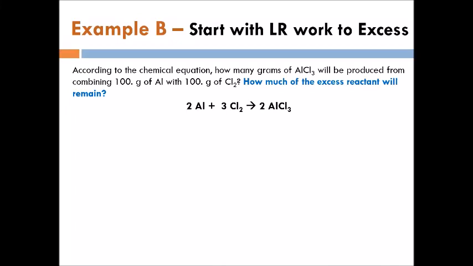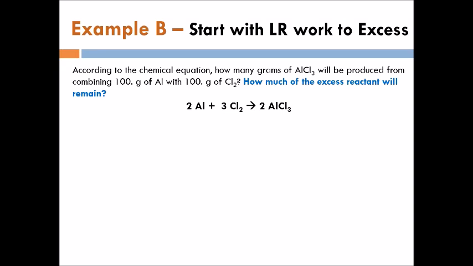Okay, so here, starting with the limiting reactant, we figured out in the previous two options of problems that the aluminum was the excess and the chlorine was the limiting. We had already figured that out because we worked both of those problems.